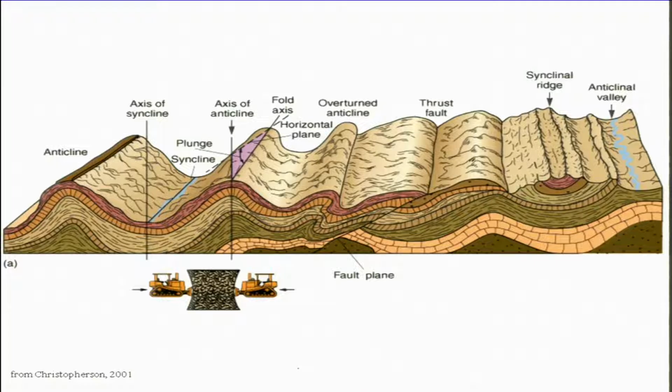If you keep on deforming the earth's crust, and this is linked with what we talked about in the previous course, you can connect this with the plate motion. Plate tectonics plays an important role where two plates either collide, slide past each other, or move away from one another. They will result in such deformational features.